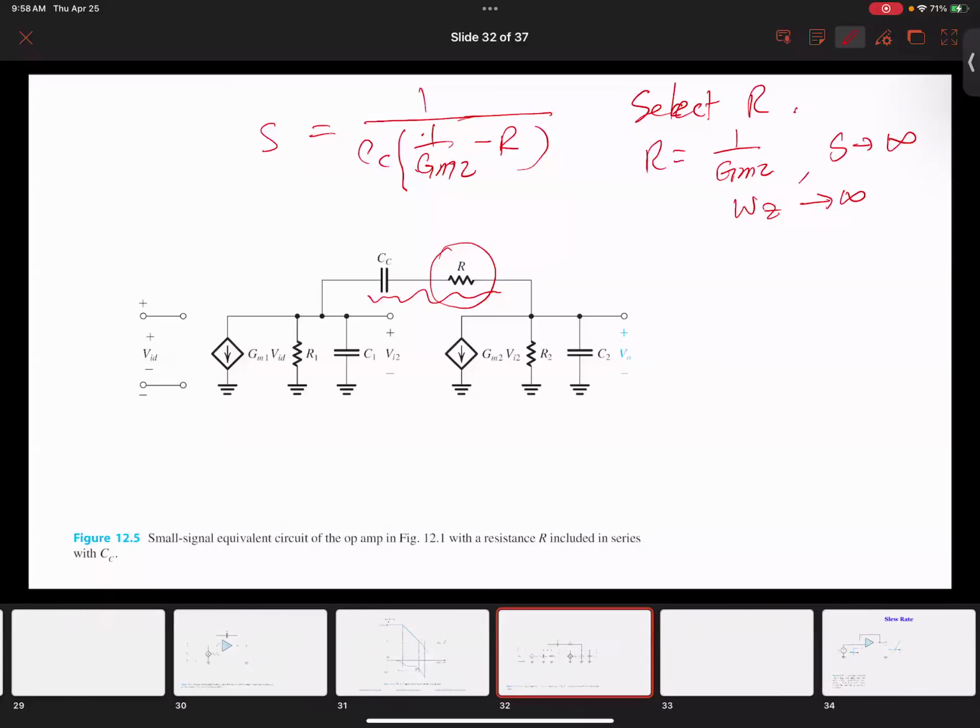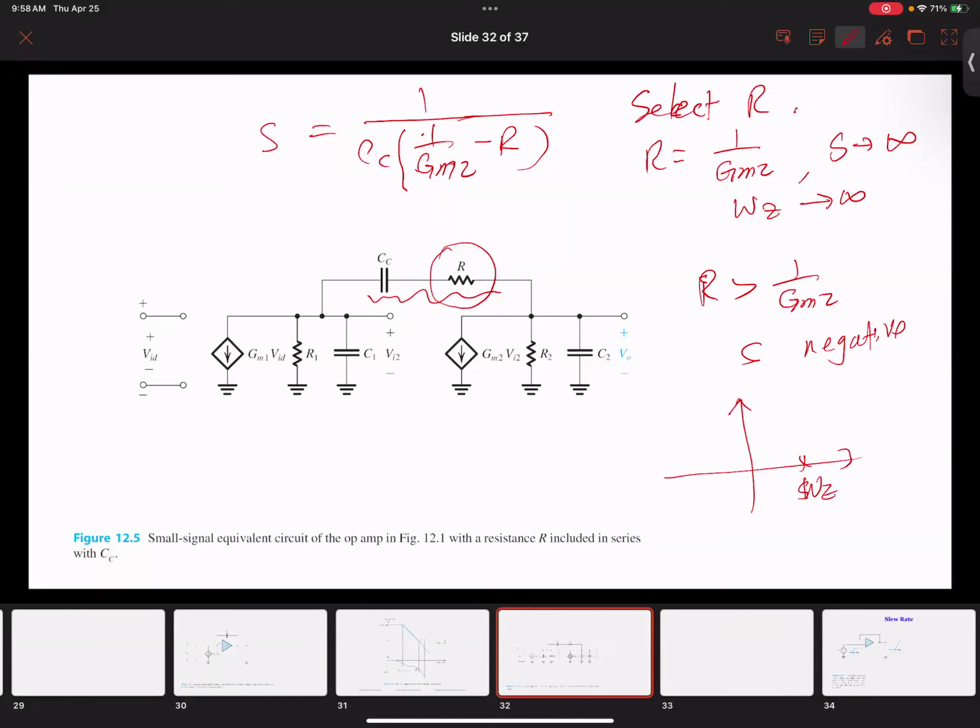Now further, people actually introduce R larger than 1 over GM2. And in this case, S is going to be negative. See, in a complex plane, remember earlier, our zero is here.